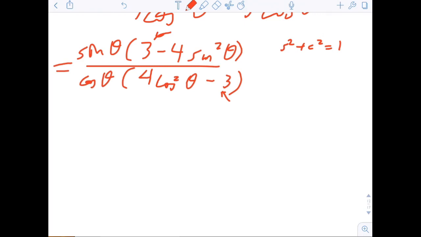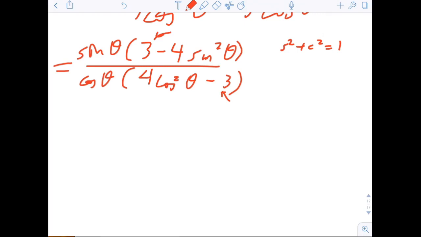And then we just divide everything by cosine squared. And then all these sine squareds will become sine squared divided by cosine squared, which is tangent squared. And all the cosines will become cosine squared divided by cosine squared, which is just going to be 1. So that's how we're going to make everything into either a number or a tangent.